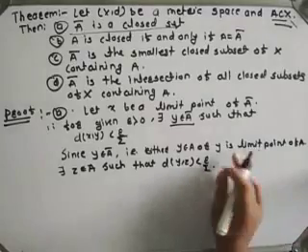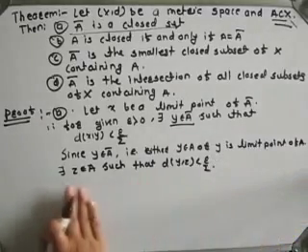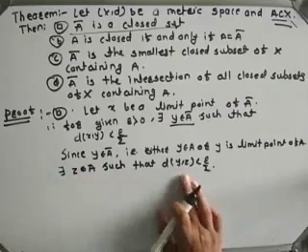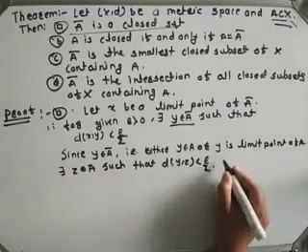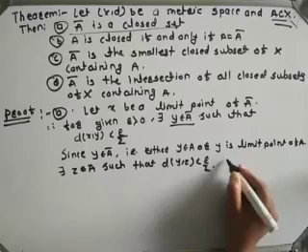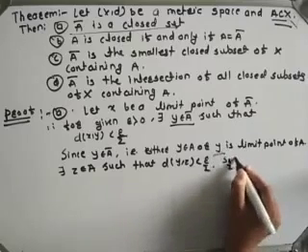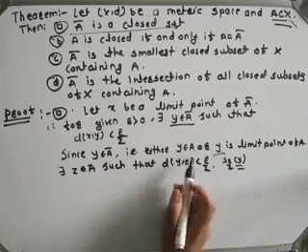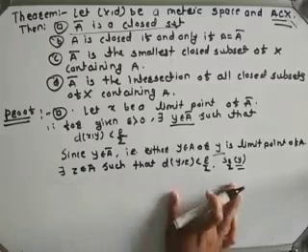See here, if Y is a limit point of A, then by definition of limit point there exists Z belongs to A such that distance between Y and Z is strictly less than epsilon by 2, means open sphere centered on Y contains at least one point of A other than Y.